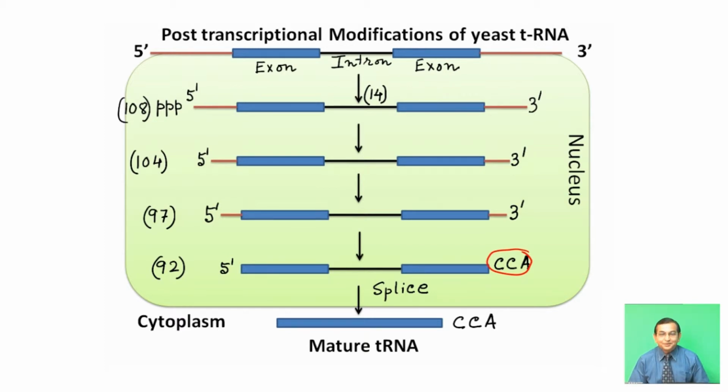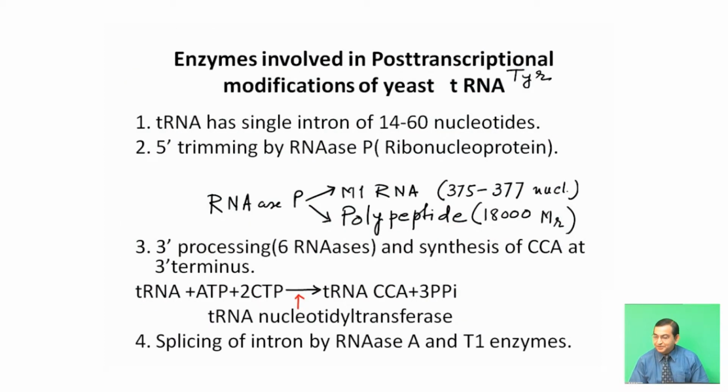Now let's see what are the important enzymes involved in post-transcriptional modification of yeast tRNA or eukaryotic tRNA. Now tRNA normally has an intron which also varies from 14 to 60 nucleotides.